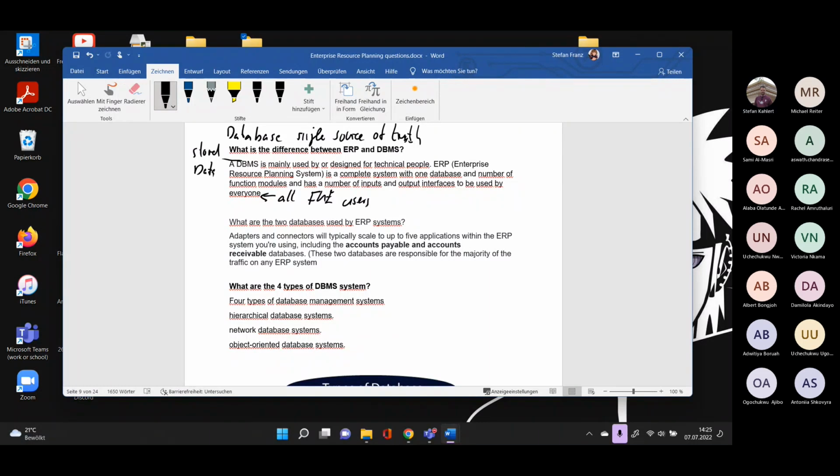and 2 systems that are very important are accounts payable and accounts receivable. And if you remember what I have said, this is the money you receive for your cash, and accounts payable, this is the money you have to pay to partners, to clients.